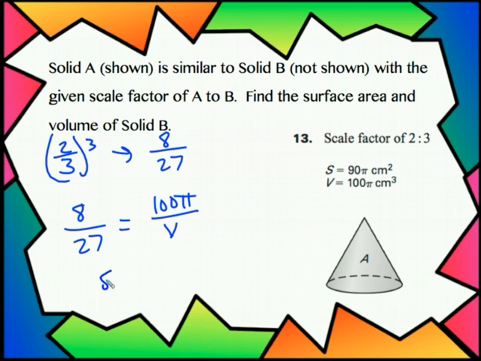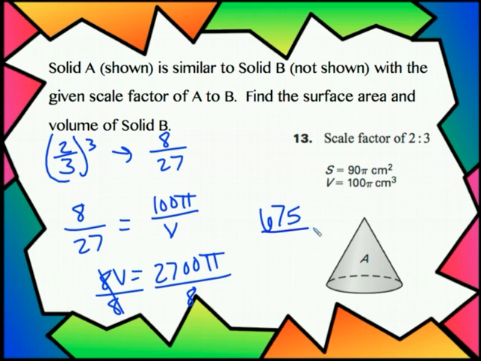So then we get 8V equals 2700 pi when we cross multiply, and we'll divide both sides by 8. So I'm pretty sure this is going to be a fraction again. So do 2700 divided by 8. You get 337.5. Hit math, enter. You get 675 over 2. Pi goes on top. And that would be the volume of the second one.